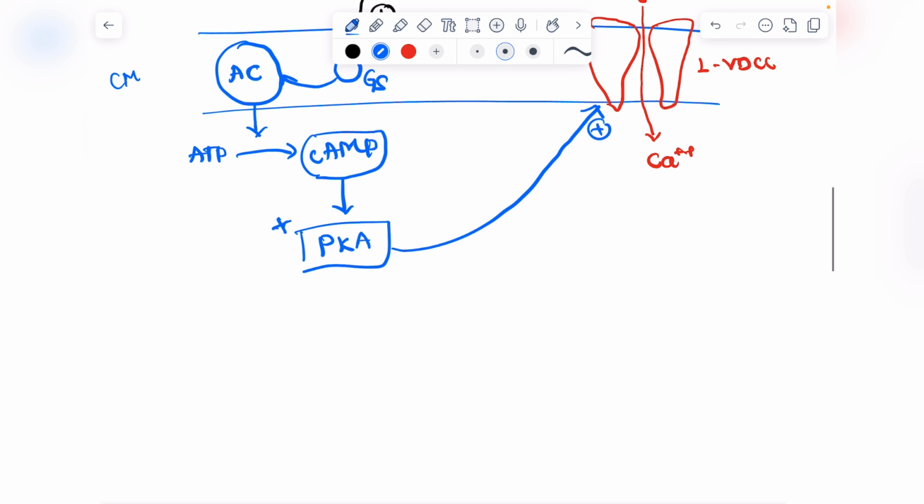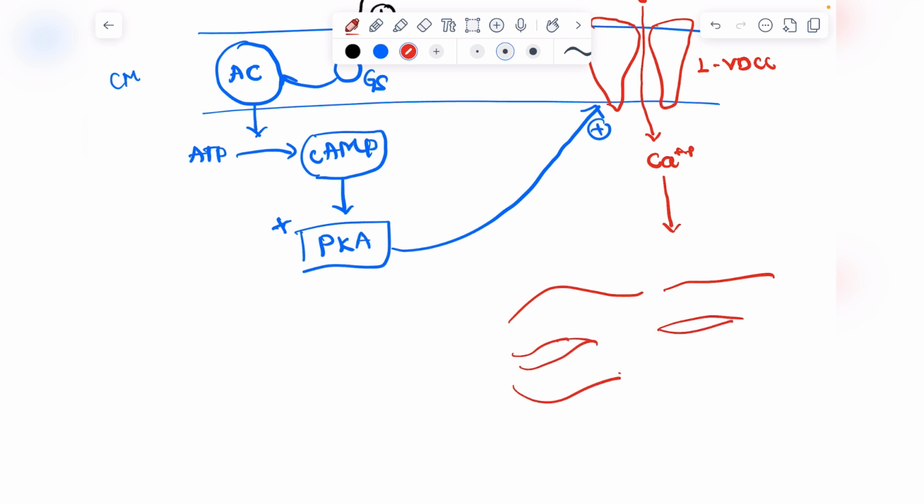What does calcium do now? The entered calcium will go and bind to the sarcoplasmic reticulum. Let's suppose this is your sarcoplasmic reticulum. The sarcoplasmic reticulum has special calcium channels. These are called ryanodine channels, RYR.